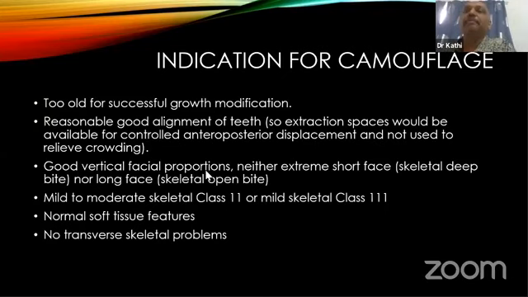Good vertical proportion, neither extreme short face, skeletal deep bite, nor long face. Mild to moderate skeletal class 2. In class 3 cases, it is even more difficult to camouflage, so we limit the camouflage of class 3 cases to mild skeletal class 3, normal soft tissue, and no transverse skeletal problem. These are the indications for camouflage.